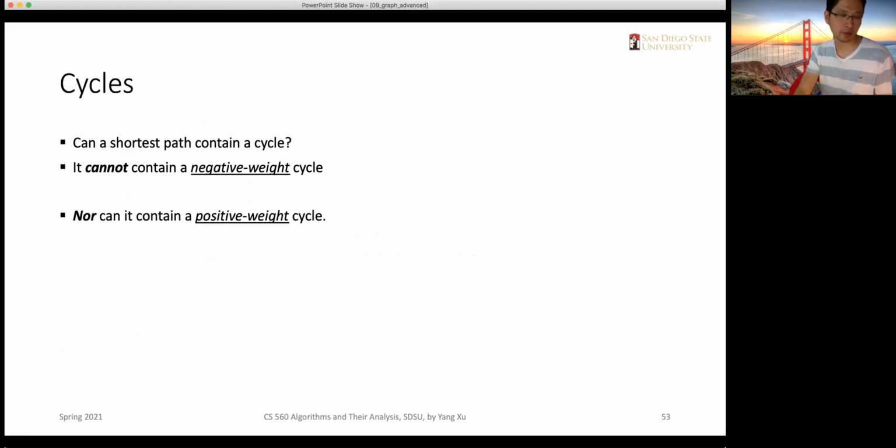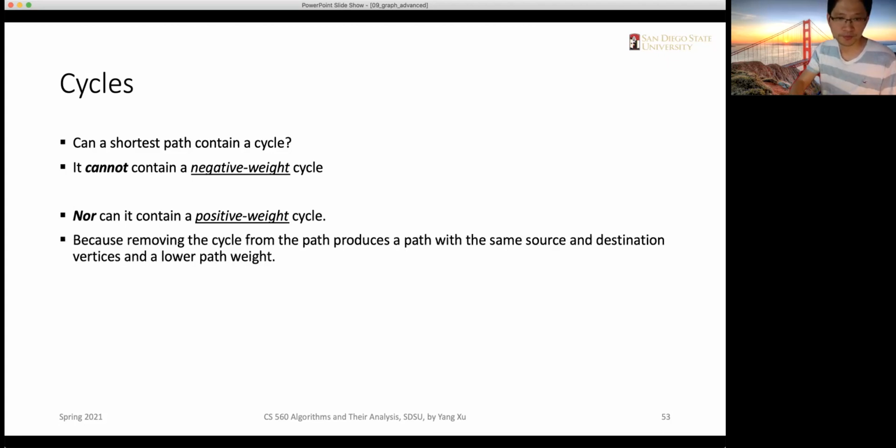And we make it simple with a requirement that it should not contain a positive weight cycle either, right? Because removing the cycle from a path will produce a path with the same source and destination vertices and a lower path weight.